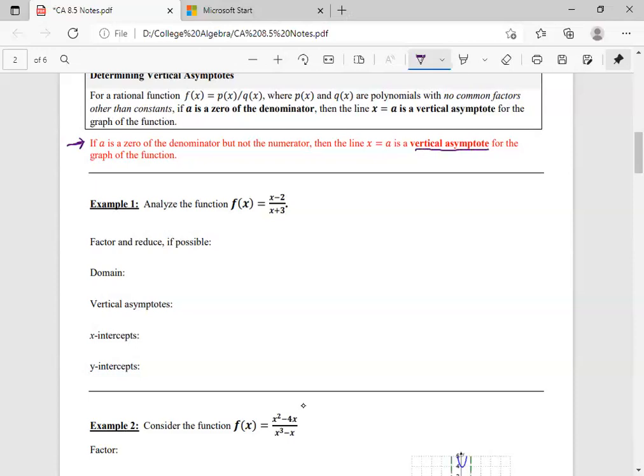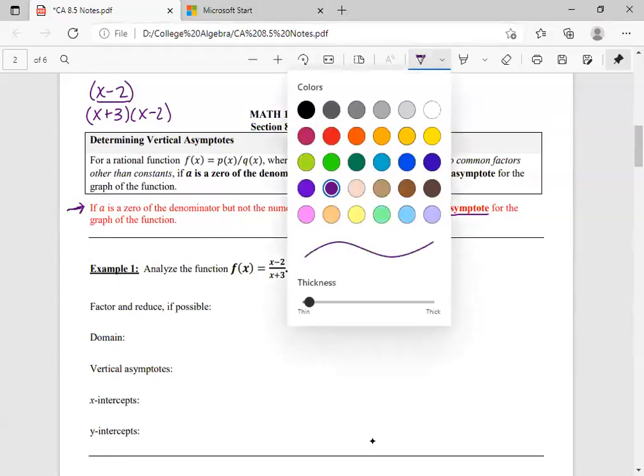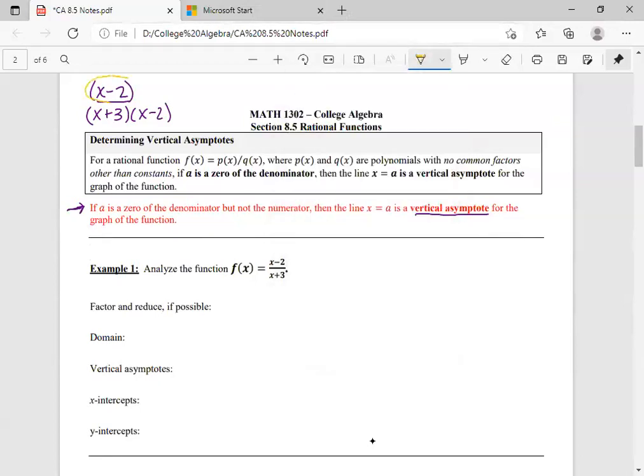Okay, so this is what this is saying. If I have x minus 2 times x over x plus 3 times x minus 2, do you see how these x minus 2 and x minus 2 are the same?